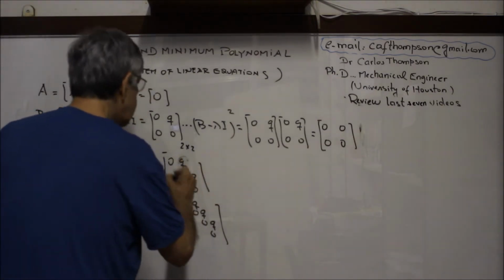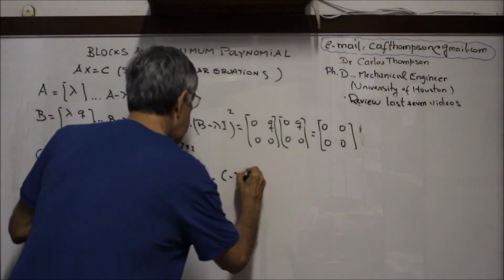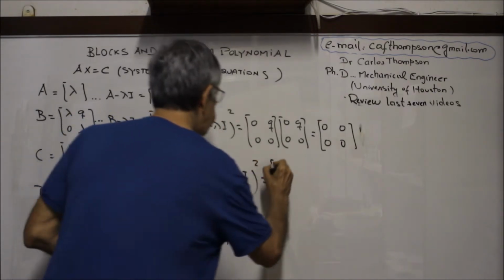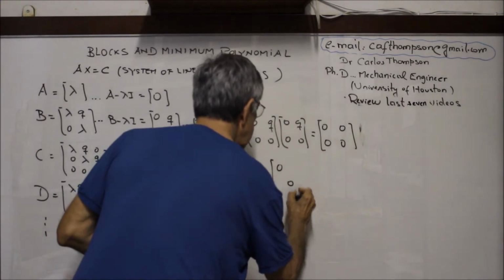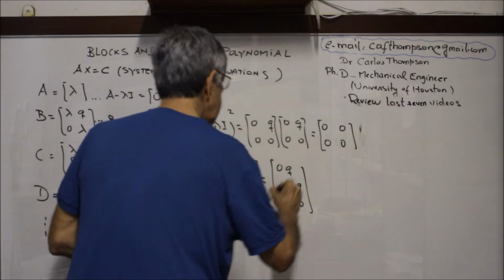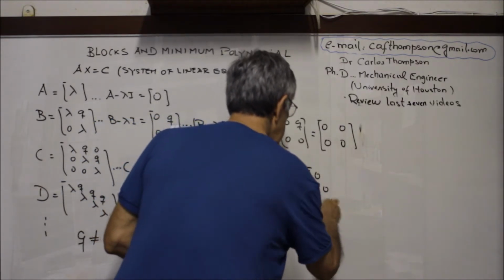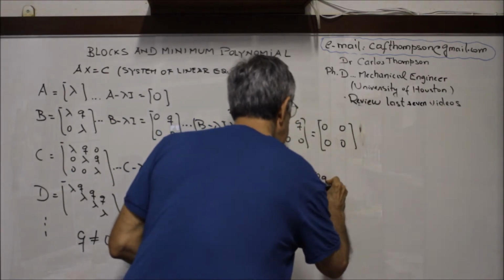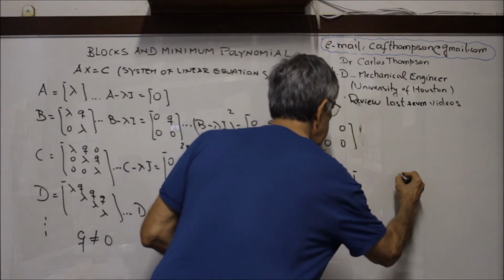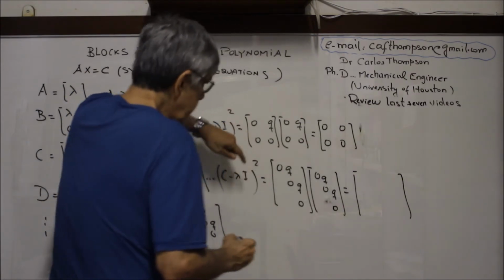Now, let's do this. C minus lambda I, we will square it. I repeat, 0, 0, 0, Q, Q, times 0, 0, 0, 0, Q, Q. Let's see what we get.